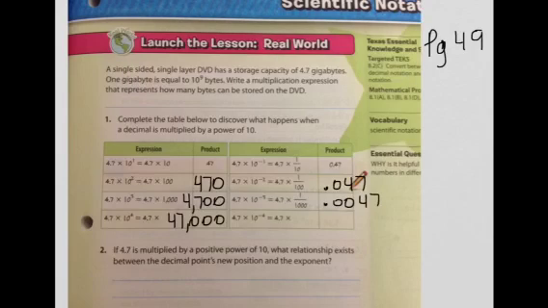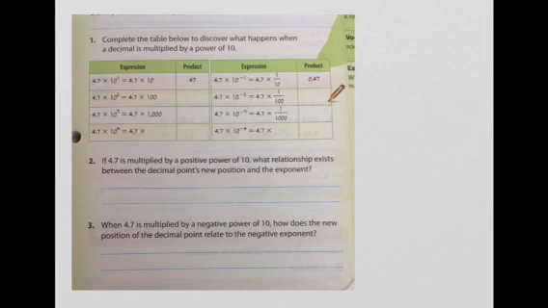And 4.7 times 10 to the negative 4 would be multiplying times 1 over 10,000. And so our answer is going to be decimal .00047.